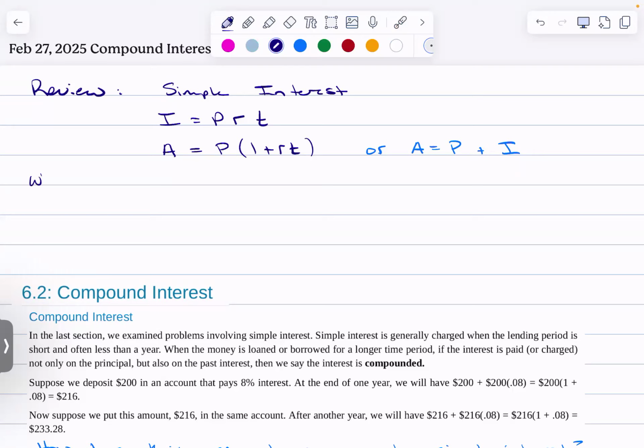So let's define, so where I is the amount of interest. So this is a dollar amount, right? P is the principal investment. Did she use principal?